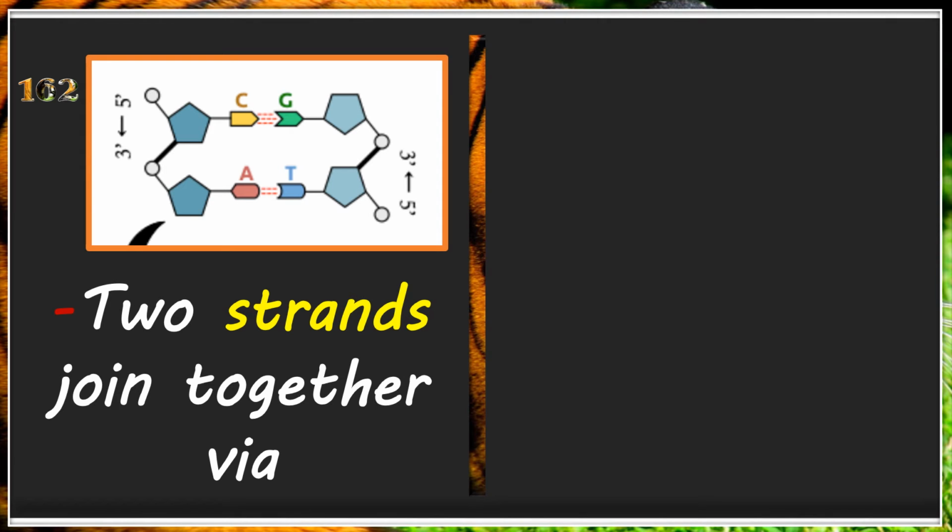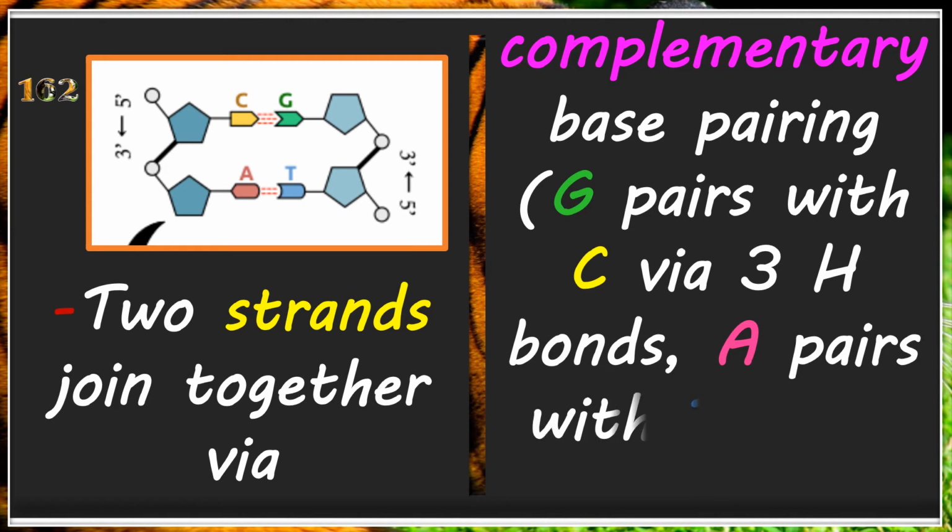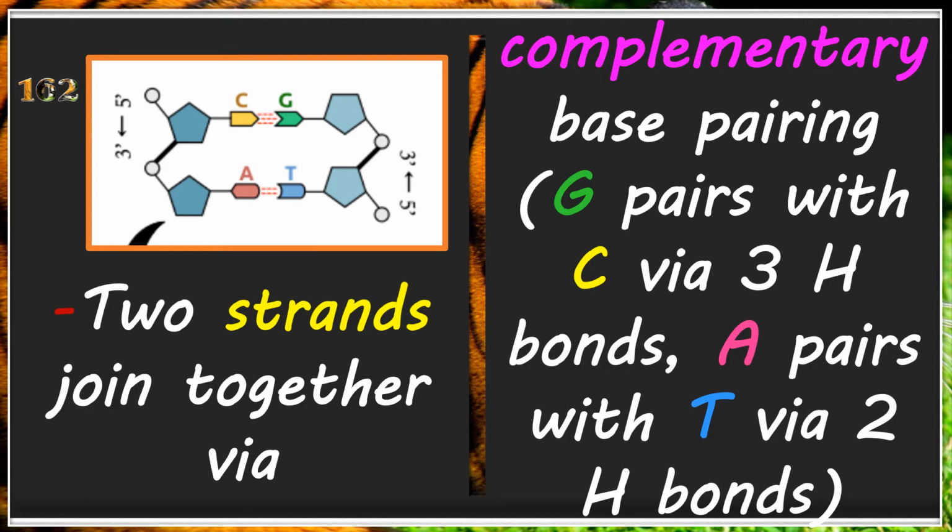The 2 strands join together via complementary base pairing. Guanine pairs with cytosine via 3 hydrogen bonds.